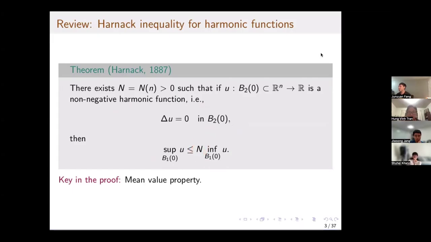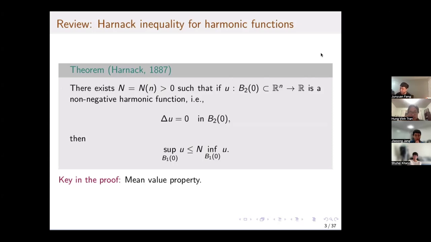Okay, this is a well-known result. The key in the proof is that harmonic functions have the mean value property, and using this, we can easily get Harnack. Okay, so this is some familiar result.